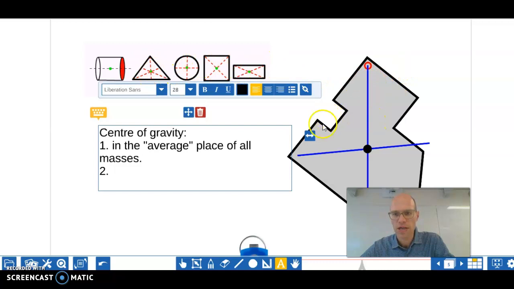But if it's irregularly shaped, what do you do then? Then you simply hold it on two places. One over here, you let it hang so it can rotate, and then the gravity will pull it downwards along the line on which the center of gravity is.